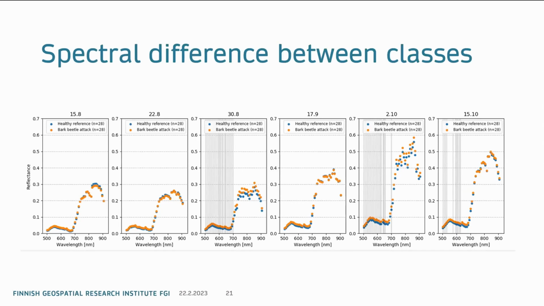So this was what I showed, it was 3 against 3, so there were only 2 trees in comparison. Here I mentioned in the beginning that we had 28 healthy trees and 28 trees where there were some kind of signs of bark beetle. And here we have plotted how the average spectra is evolving during our data collection.